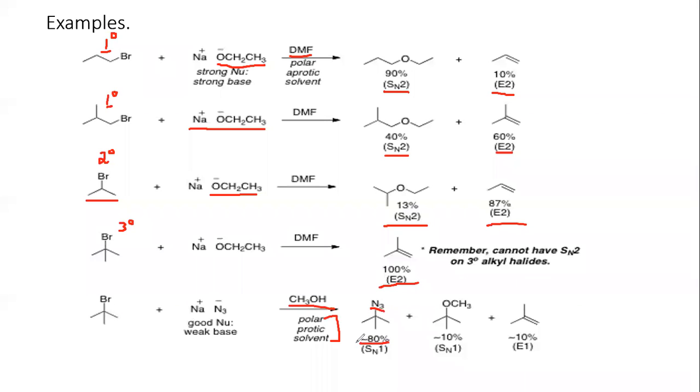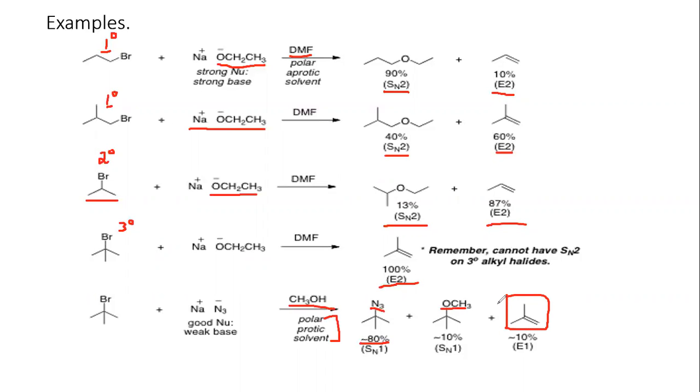But you see we also get, since methanol is a weak nucleophile, some product from the solvent. And then we get a little bit of product from the elimination reaction, because azide is a weak base. We get a little bit of the E1 product.